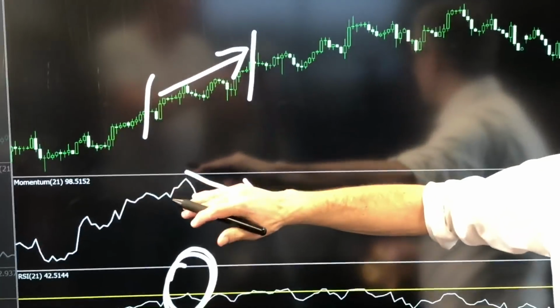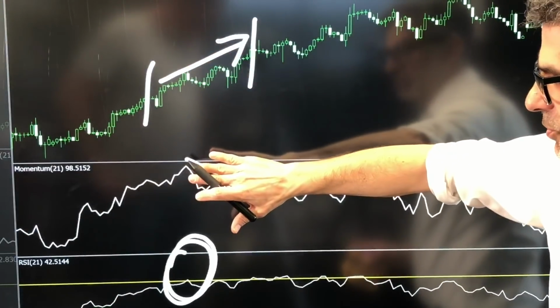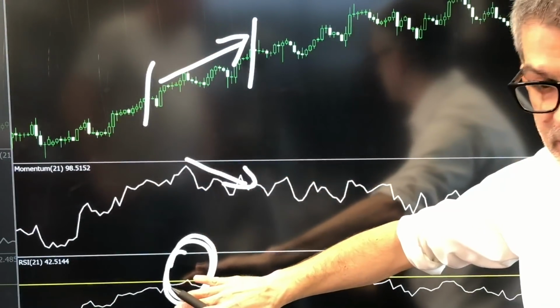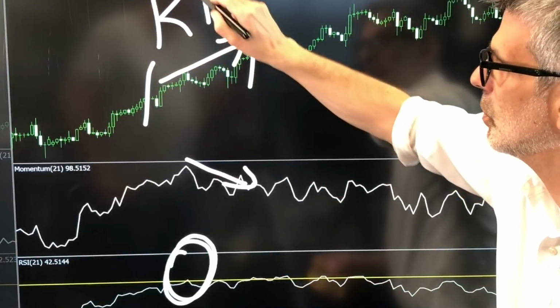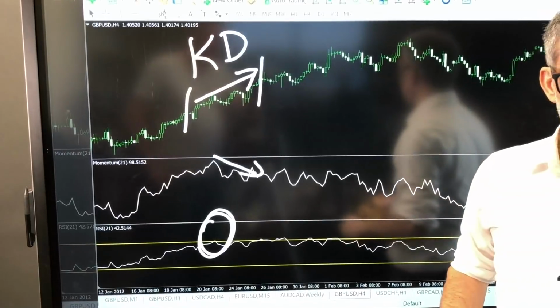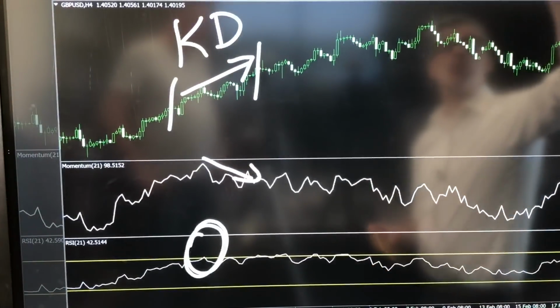Those three things together, price rising, momentum falling, and the relative strength index overbought, is what I call Knoxville Divergence, or KD for short. There's another Knoxville Divergence on this chart only a few moments later.